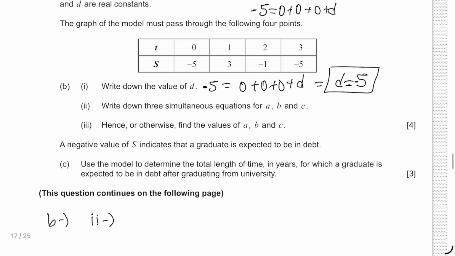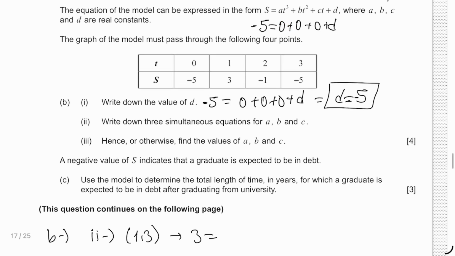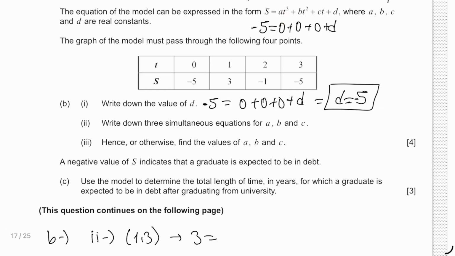Let's write it down. Let's put 1, 3 first. S is 3, T is 1. 3 equals, if I put 1 here, what will happen? 1 cubed is just 1, A plus B plus C. I put 1, 1, 1.